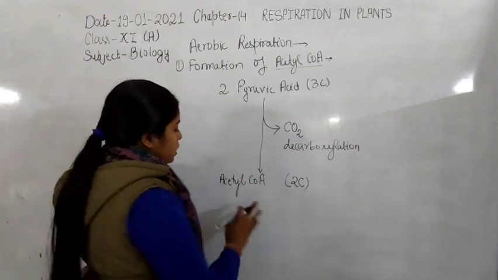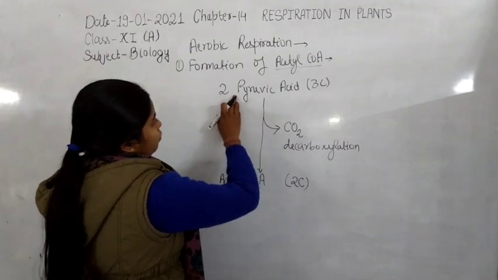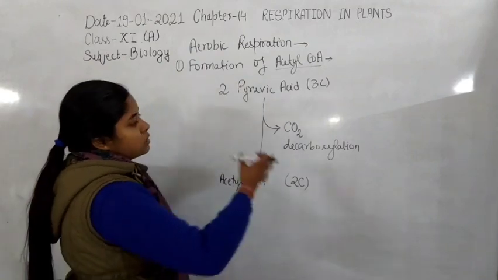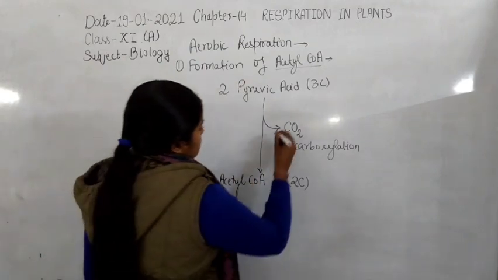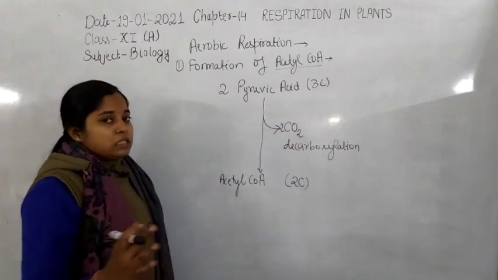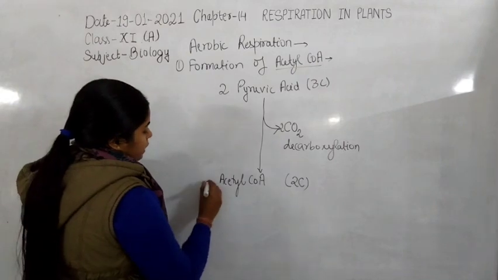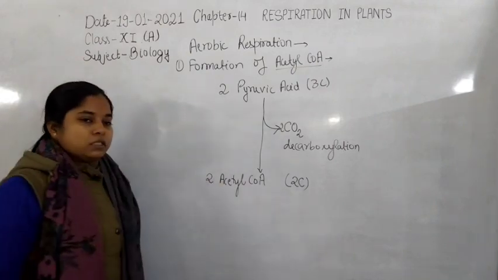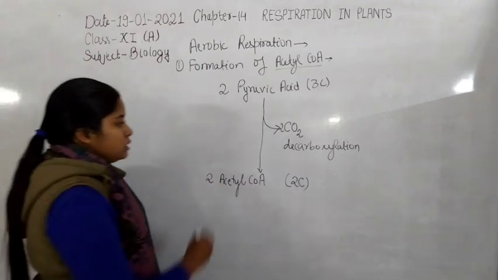decarboxylation. Now there are 2 molecules of pyruvic acid, so the second pyruvic acid also undergoes the same reaction. So 2 carbon dioxide molecules are released after this process, and again 2 molecules of acetyl coenzyme A are formed during this reaction.